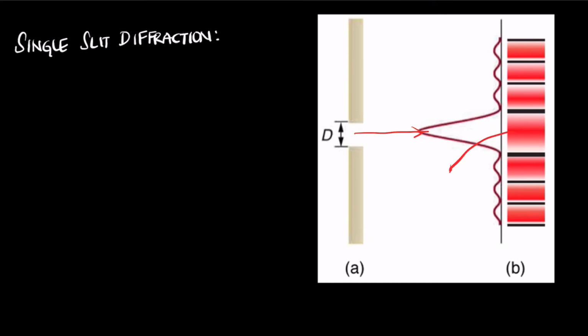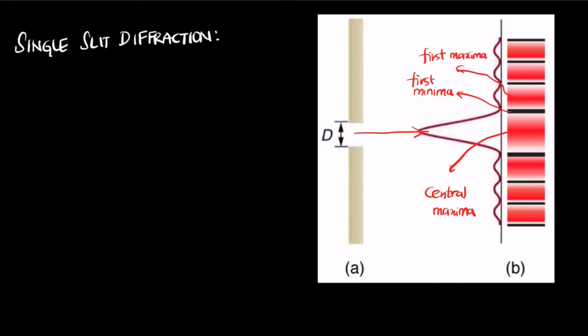This is called the central maxima. And on each direction, you get a minima and a maximum. The dark one is called the minima and the bright one is called the maxima. So this is the first minima and this becomes the first maxima.